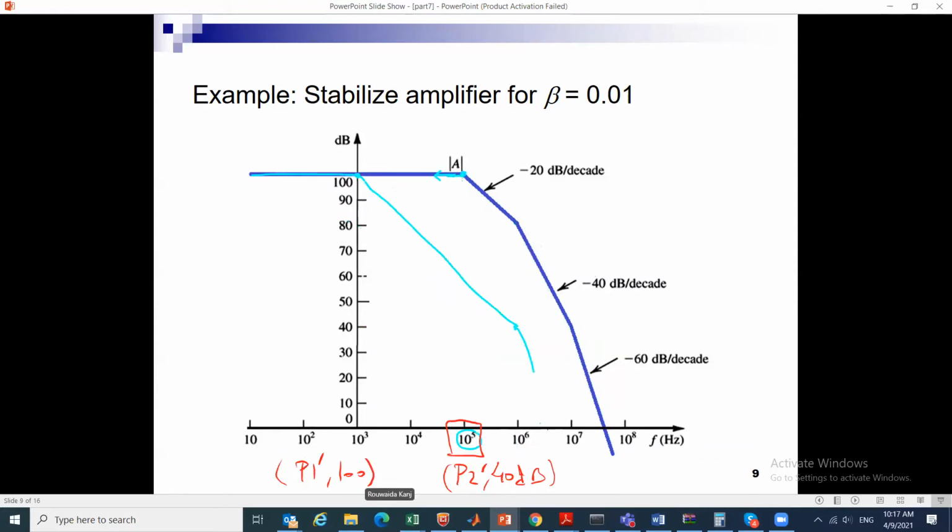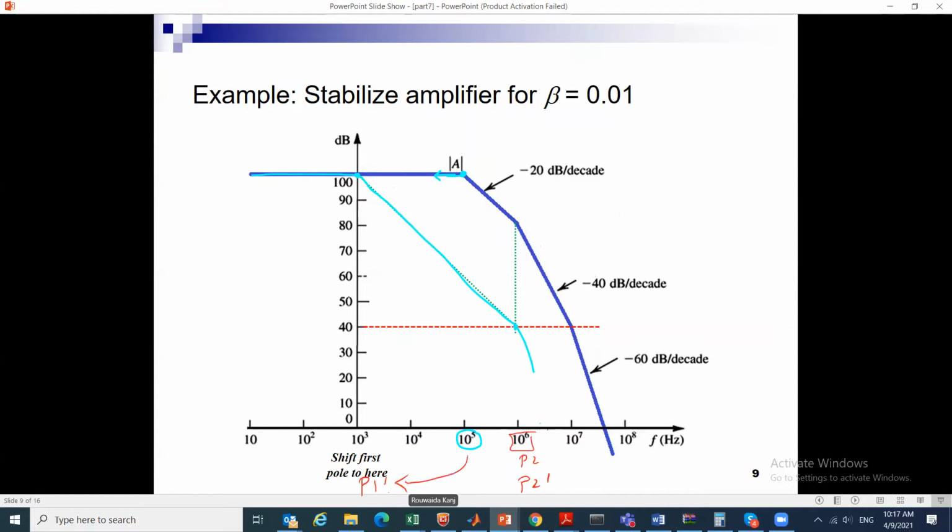In the other scenario, I'm going to shift the first pole. So in this scenario, really, I will always have my second pole as my P2 prime, and P1 prime will be the unknown because I'm shifting the first. Okay, so here I have 10 to the 6, 40 dBs and 100 dBs and the question mark.